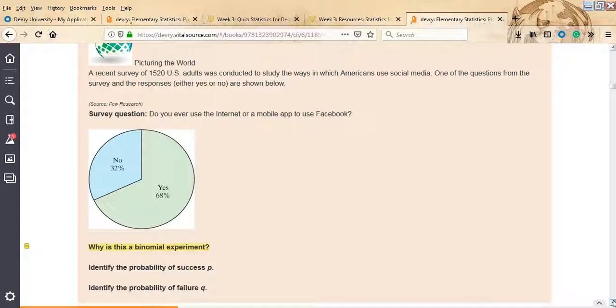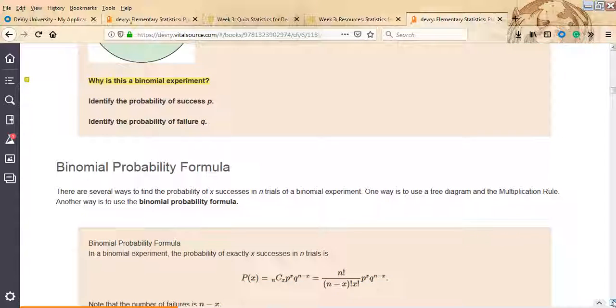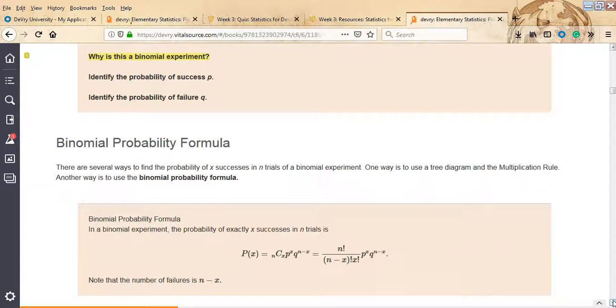Just a little side note: as you're reading through these, what's in the text, and you find it confusing, don't feel like it's just you. I must have watched I don't know how many YouTube videos going over different probabilities and binomial probabilities, and everybody approaches it a little bit differently.